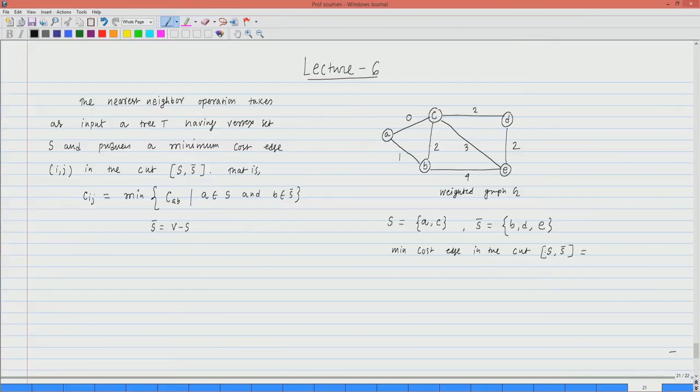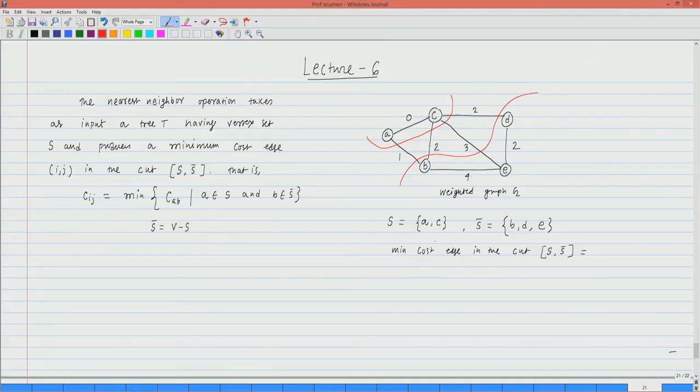So, S consists of A and C. So, this is one part and S complement consists of B, D and E. So, this is another part.